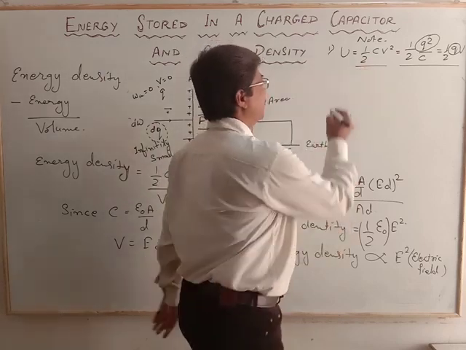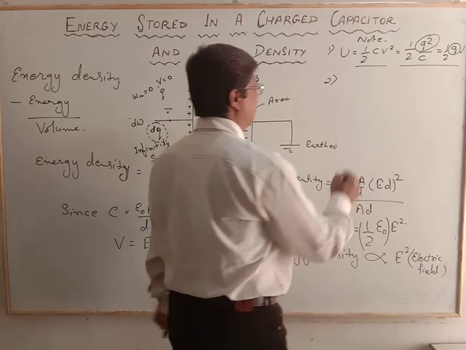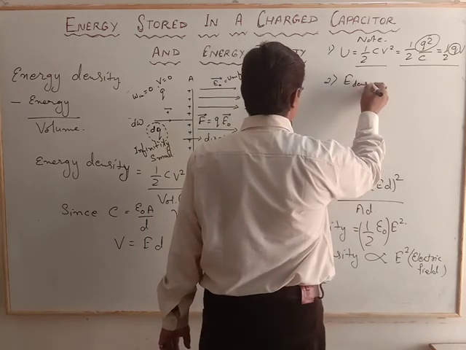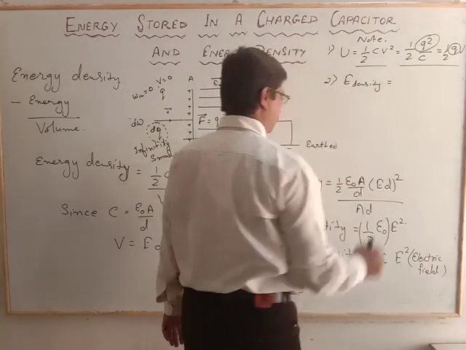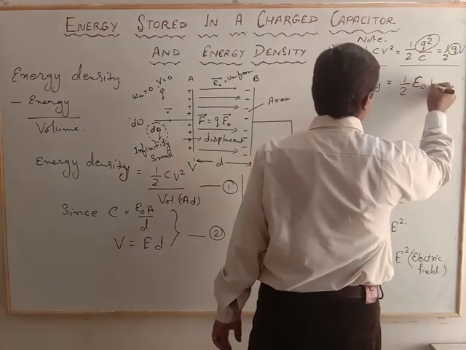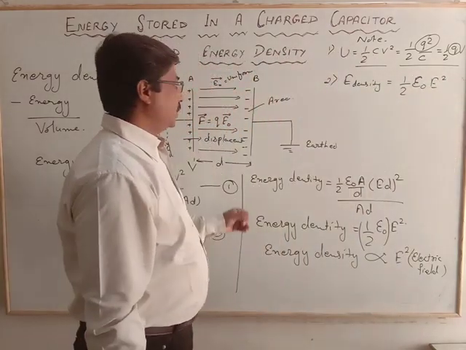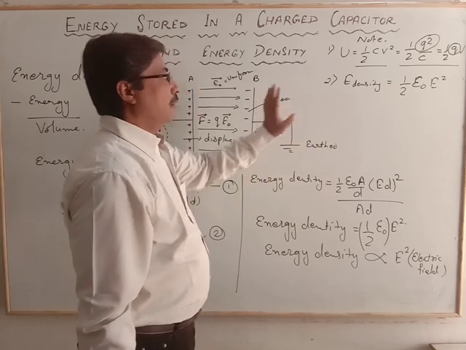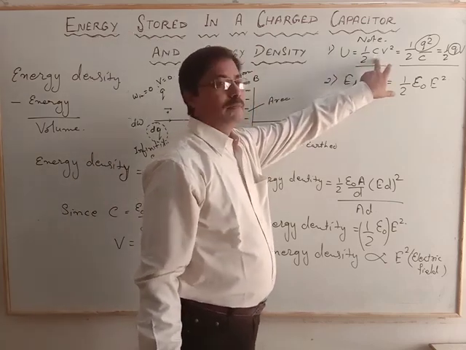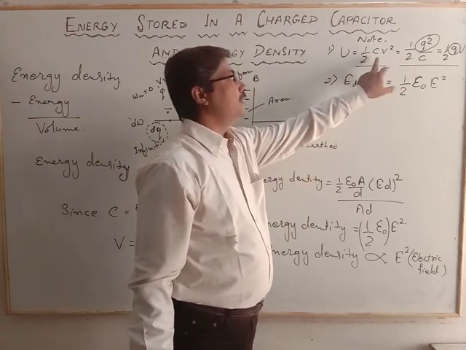Second point: energy density is equal to half epsilon naught E square. That much we come to the conclusion, and the major point is that we take the relation of half CV square.